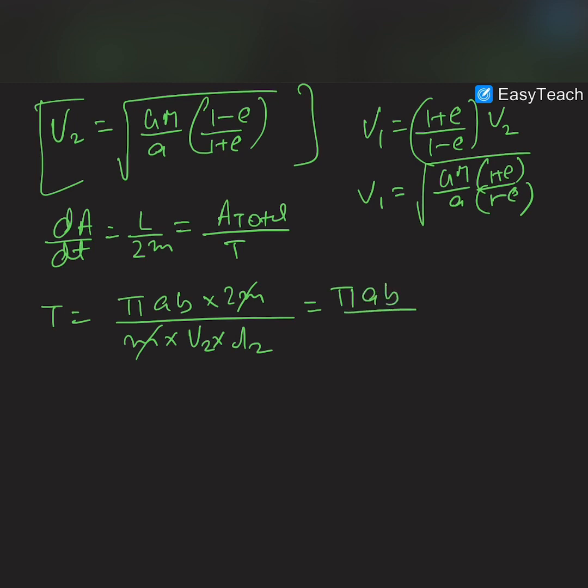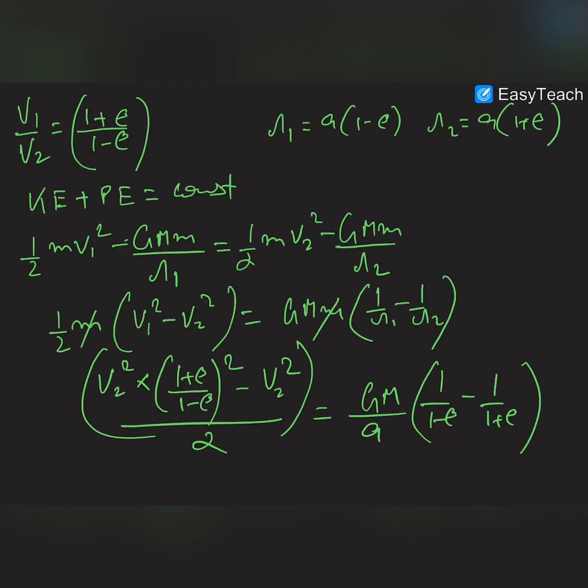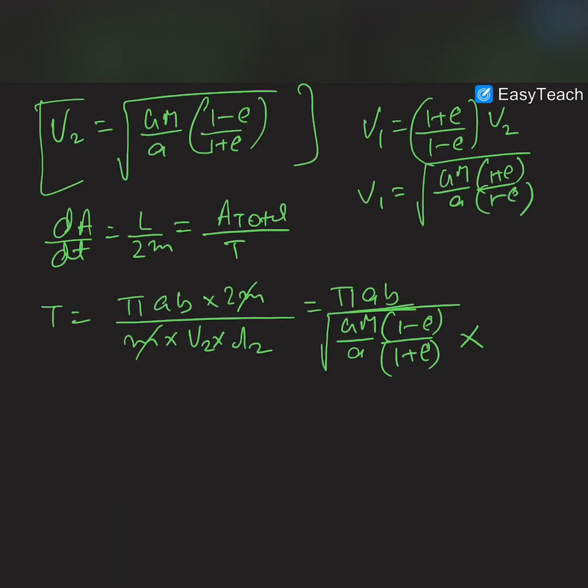So v2 is under root of GM by a into (1 minus e upon 1 plus e), and r2 is equal to a into (1 plus e). This is r2.